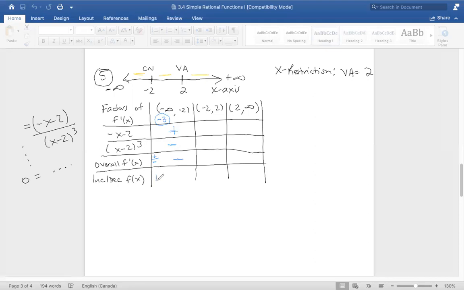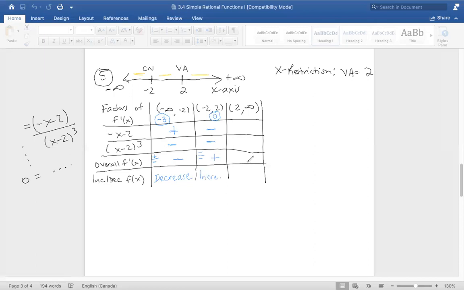So that would mean that I'm decreasing along this part of the function in this interval. Between -2 and 2, 0 is right in the middle there. 0 minus 2 is going to be negative. So again, -2 cubed is going to be negative. And negative divided by a negative is going to be a positive. So I have an increase here.